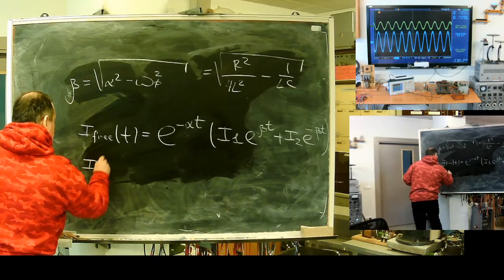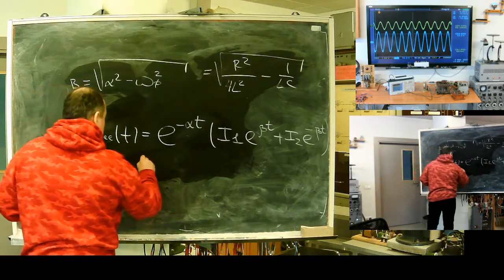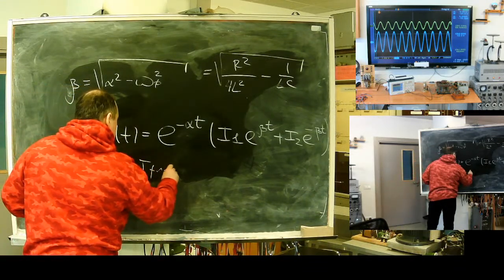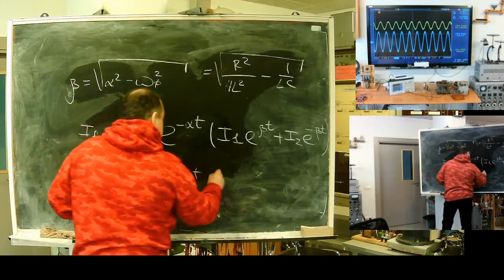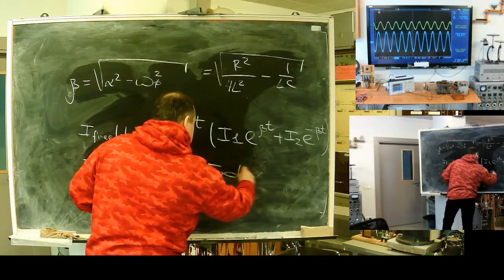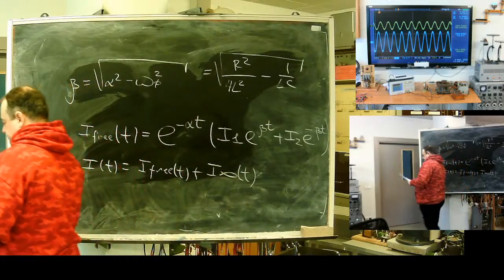Full current is the sum of the free component plus the forced component.